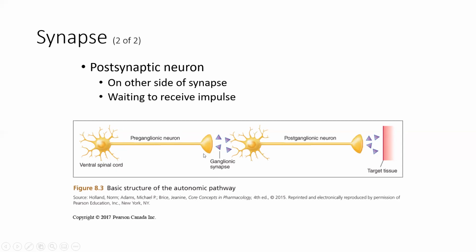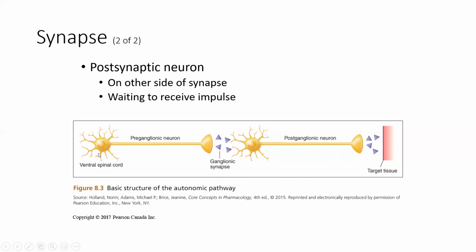The normal end always combines with the finger-like projections, and that's how all these neurons are interconnected with each other. Every neuron, when connecting with another, the space between them is called a synapse or ganglionic synapse. Before that portion is called preganglionic, and on the other side of the synapse is called postganglionic.